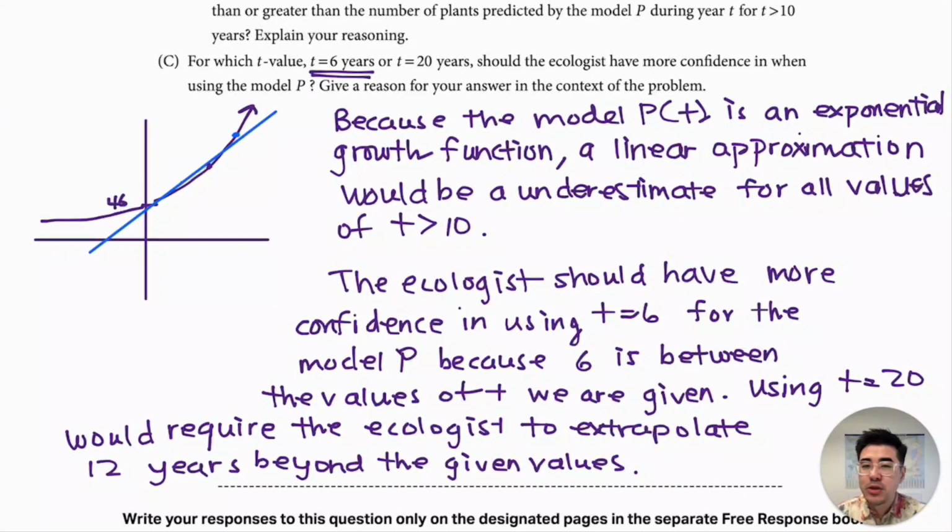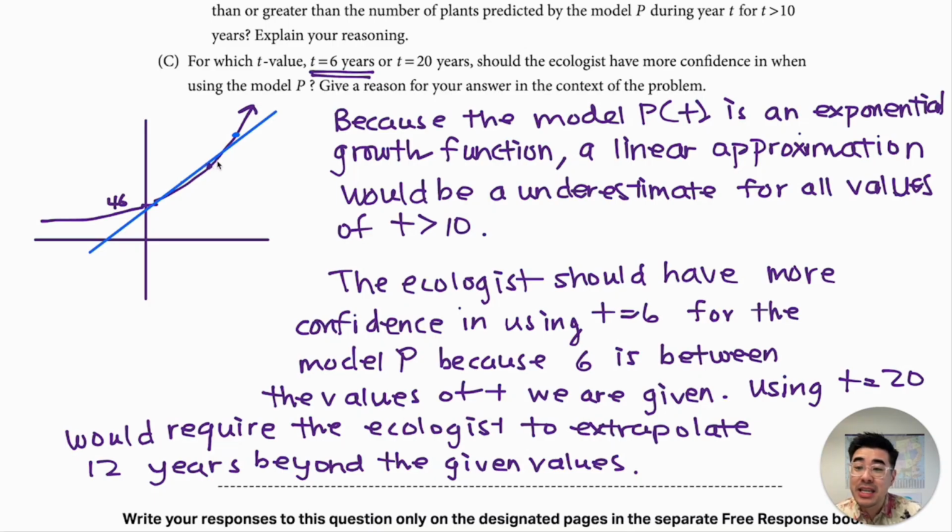Another way you could answer this question is to say something along the lines of, well, a linear approximation is a good estimate for points that are close to the points that you're given. However, t of 20 is really, really far off from the points that we're given.